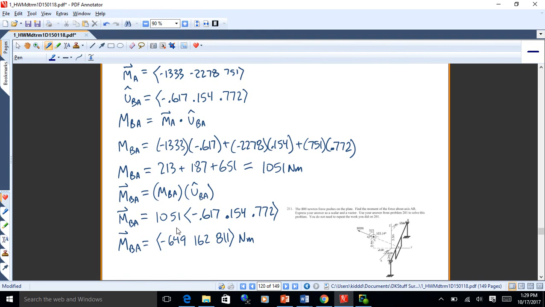Those are not I, J, and K components. Those are just numbers that you're adding up to get the moment magnitude. So you multiply the like components together, add up the products, and you'll get the magnitude of the moment. You can multiply that by the unit vector if you want it in vector form.